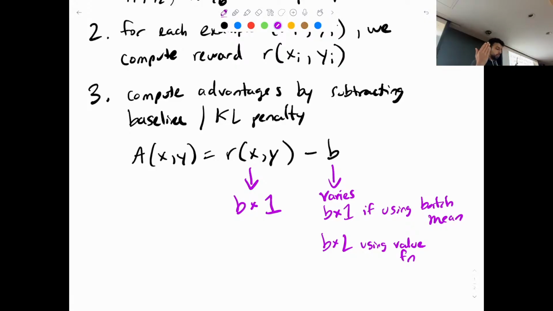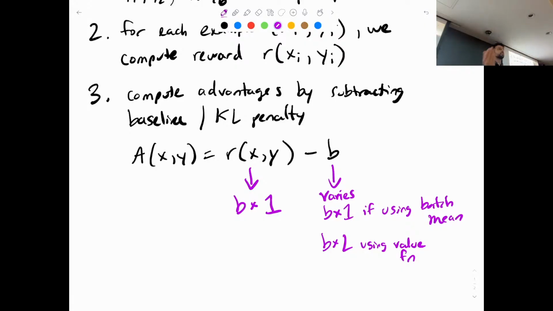So how do we do this subtraction? And this is where I had mentioned that we do what's called broadcasting. Essentially that reward, the B×1 term, is subtracted. Basically the reward for one example is used for all of the tokens in that particular response.